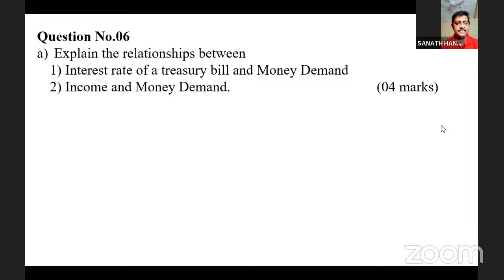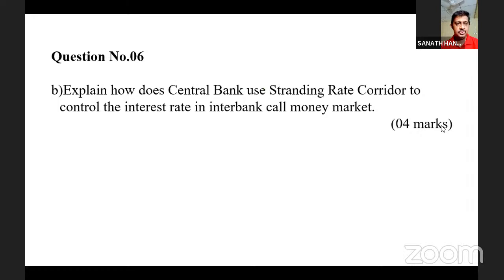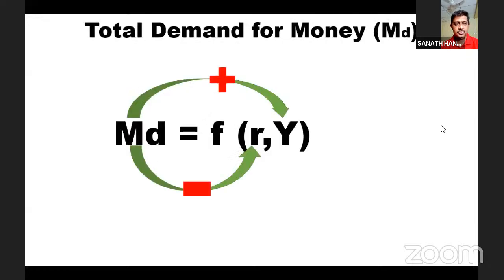Right, then part two. There is a positive relationship between income and money demand, due to transaction and precautionary demand for money.